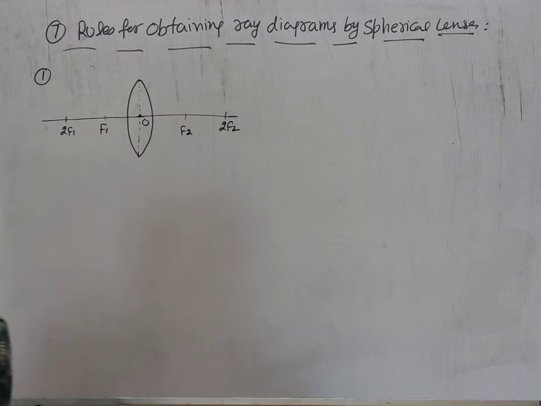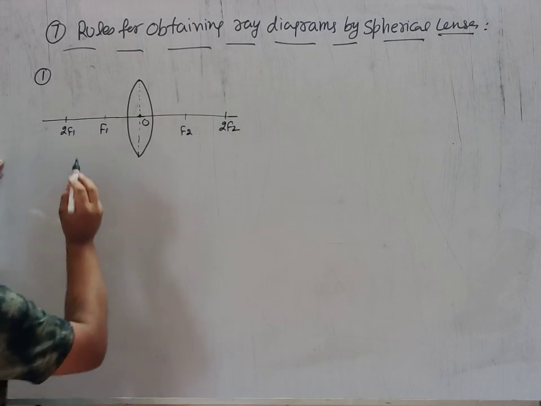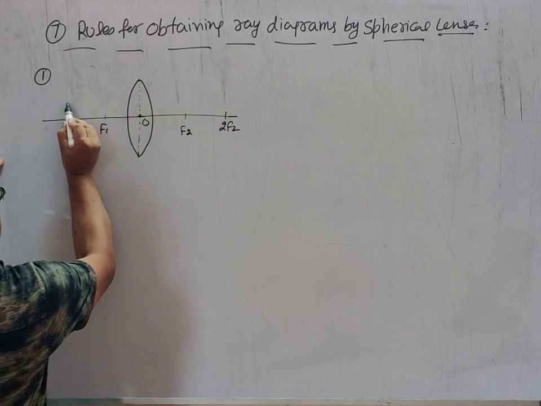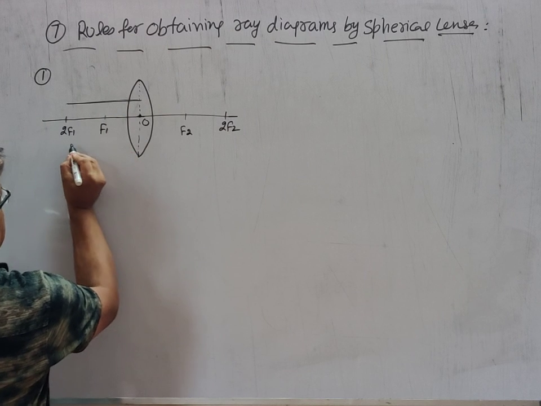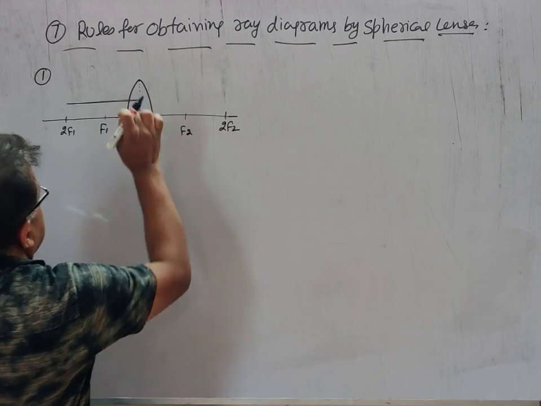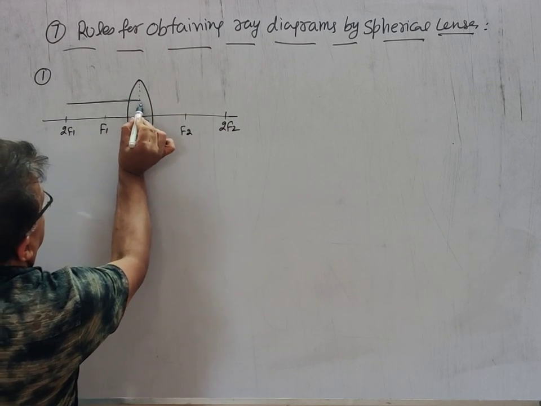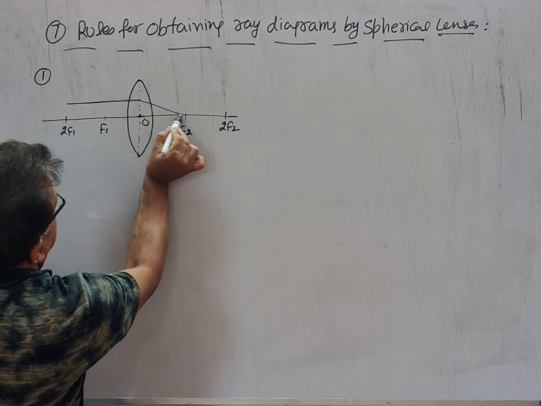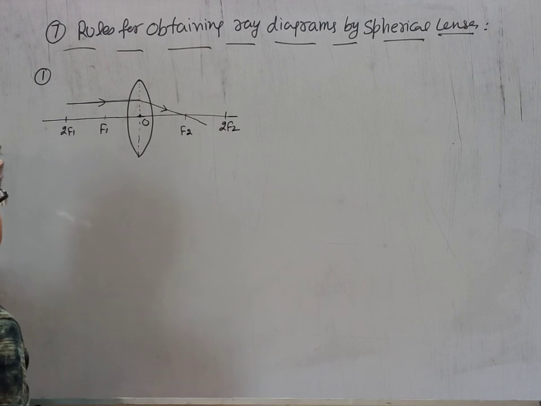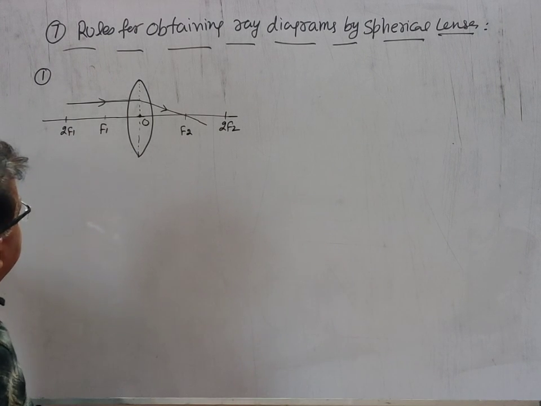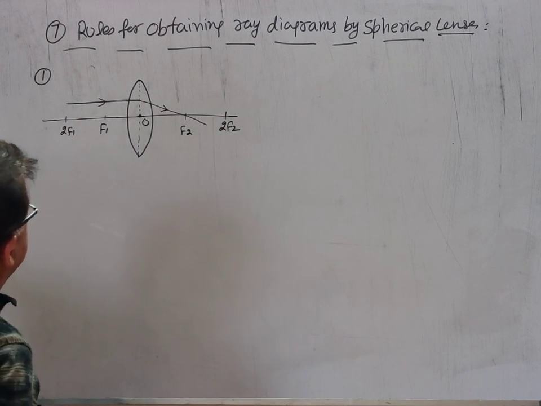Now the first rule is that incident rays which are parallel to the principal axis will pass through the principal focus on the other side in a convex lens.